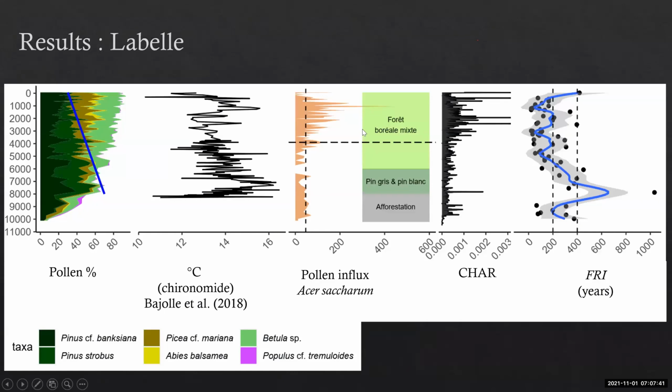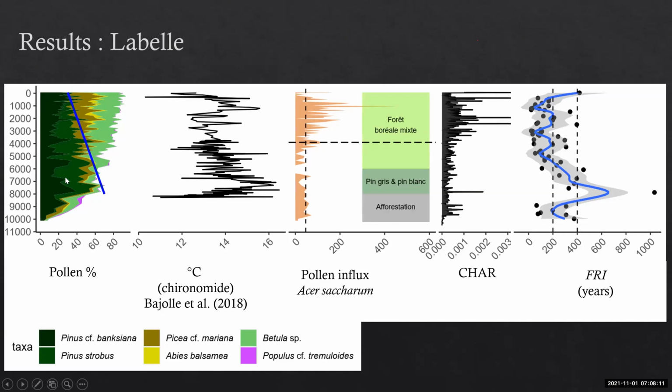So this is the result for Labelle. From left to right, I'm going to show you what we got. Here are the main pollen taxa we can find in my core. The blue line here represents 10,000 years ago on this side, and 0 is the present.